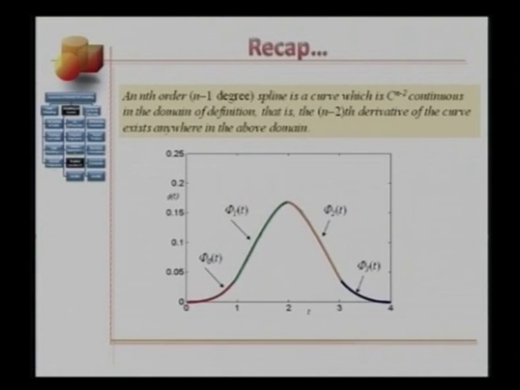Let me come up with a third statement. A spline of degree n-1 has to be precisely Cn-2 continuous in T ranging from minus infinity to plus infinity. Today we will see how to construct B-spline basis functions using the Newton's divided difference approach.